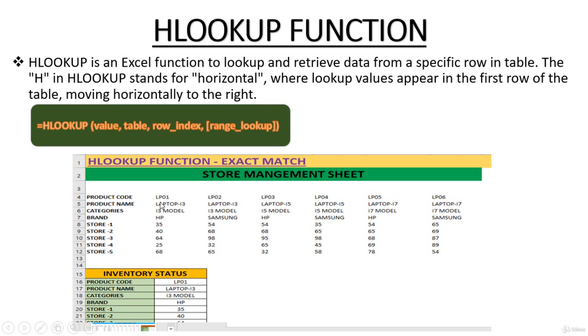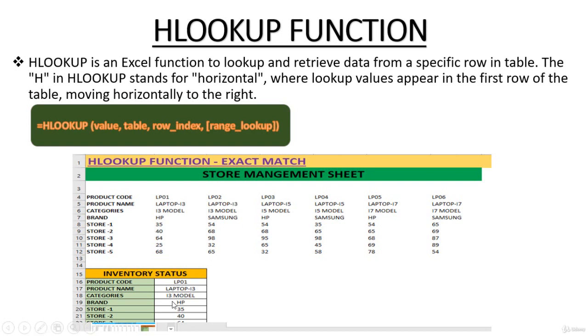Product code LP1, product name laptop i3, category i3, brand HP, and store 1 has 35 laptops available, store 2 has 40, store 3 has 64, store 4 has 24, and store 5 has 68 laptops, right?